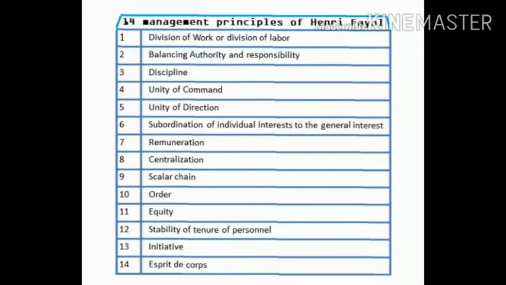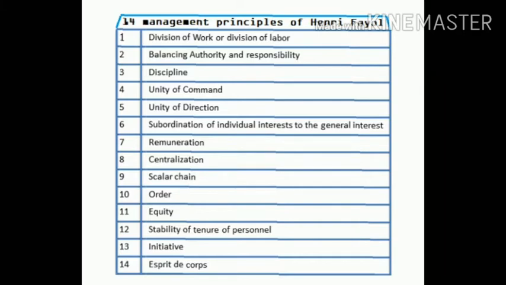So let us go through the 14 management principles of Henri Fayol. First, division of work or division of labor. Second, balancing authority and responsibility. Third, discipline. Fourth, unity of command. Fifth, unity of direction. Sixth, subordination of individual interest to general interest.